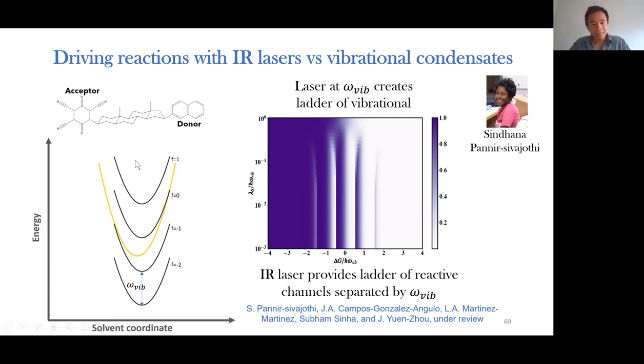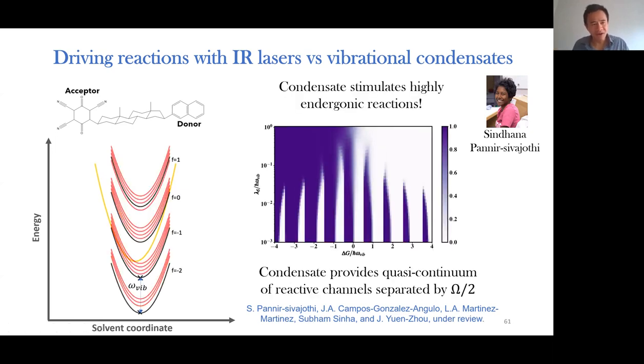Okay, but the important thing is that for this type of control, you can only shift the parabolic potentials by one quanta of vibrational excitation. But when you have the condensate, you have a lot more pathways. Why is that? Because, for example, if you start with a condensate of many excitations in the lower polariton, then you can redistribute that energy when you go from reactant to product into n-1 lower polaritons and 1 dark state, n-2 polaritons and 2 dark states.